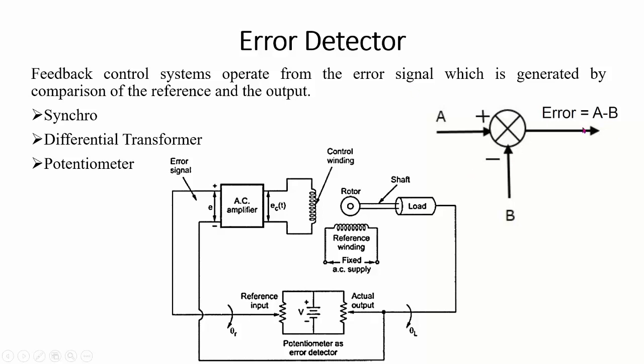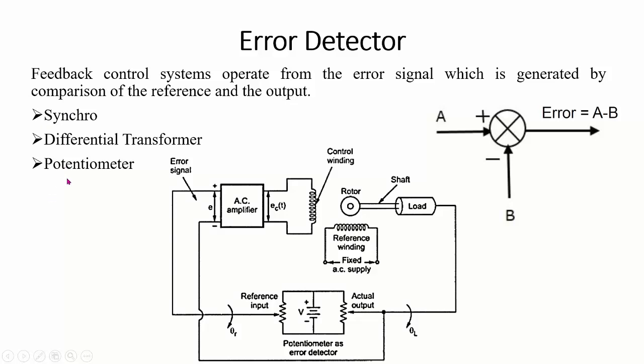So we define error as A minus B, the difference between the two variables. What is actually used in place of this comparator are these three things. Like synchro, you can use a synchro in place of a comparator in a physical sense. We were showing the schematics of the comparator or error detector by this, but in real systems you use any of these three things.